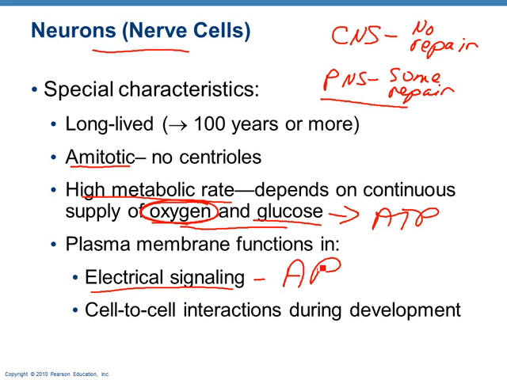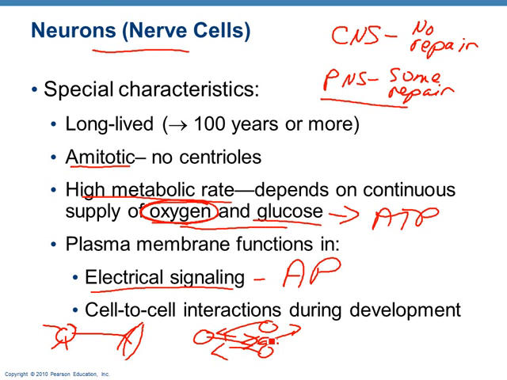What we've talked about so far is a neuron going out and innervating a muscle. In the brain and spinal cord, neurons signal each other. This is how we make our conscious thought. This is how we make memories.